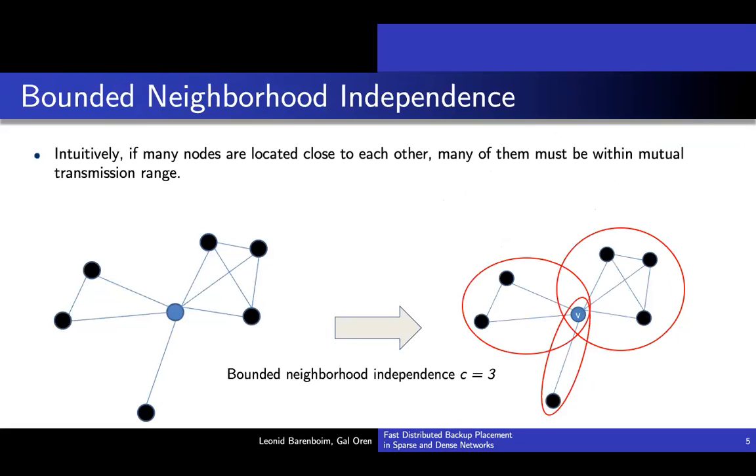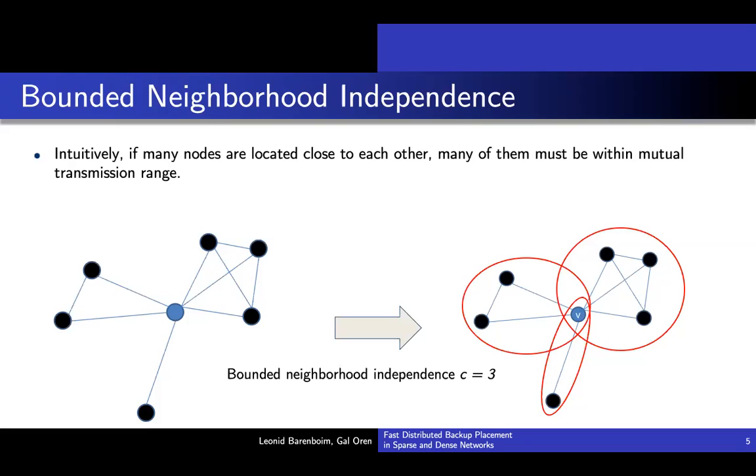As we said, graphs with neighborhood independence bounded by a constant are a special focus for us, so it's important to understand what those graphs are. Neighborhood independence is the maximum number of independent neighbors a vertex in the graph has, where two vertices are considered independent from each other if there is no edge connecting them.